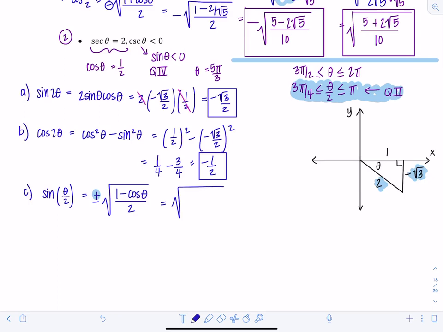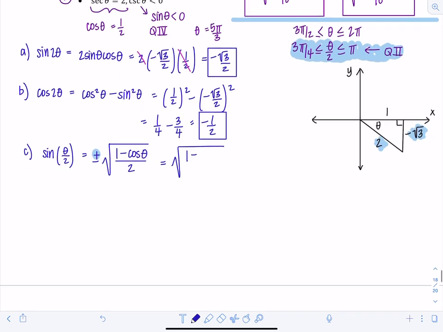So I'm going to have the square root of 1 minus, now cosine of theta, that's 1/2, over 2. So I have the square root of 1/2 over 2, which is the same thing as the square root of 1/4, which is 1/2. This one was a lot easier to simplify than the last example.